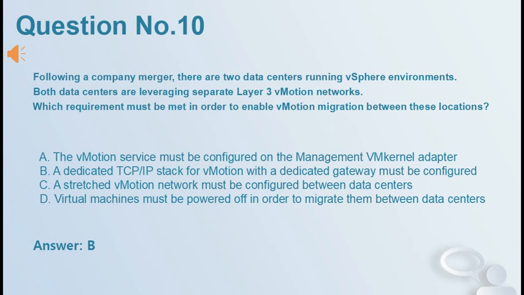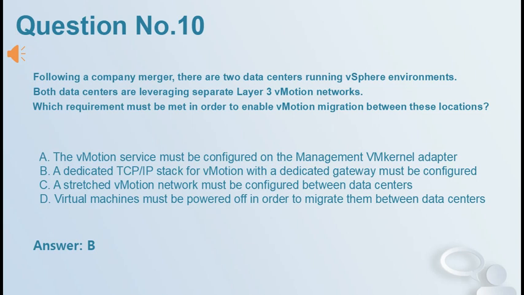Following a company merger, there are two data centers running vSphere environments. Both data centers are leveraging separate Layer 3 vMotion networks. Which requirement must be met in order to enable vMotion migration between these locations? A. The vMotion service must be configured on the management VMkernel adapter.